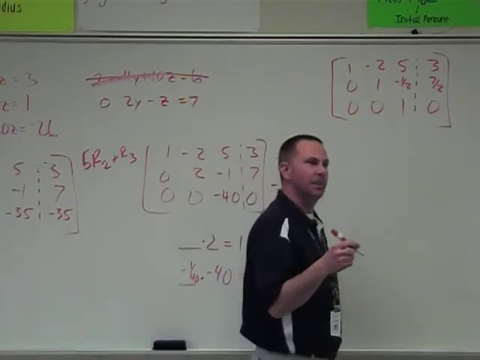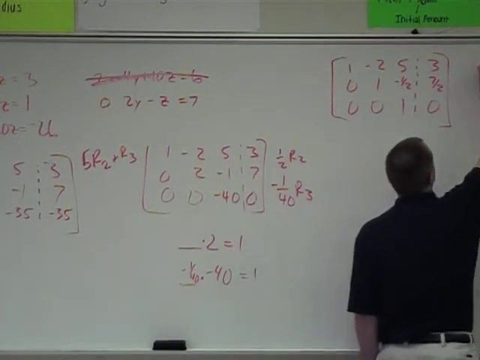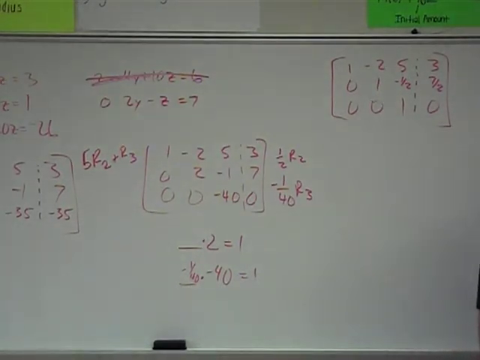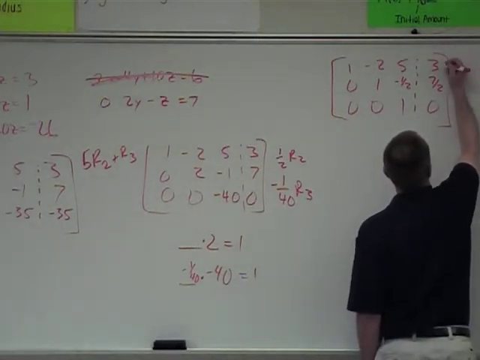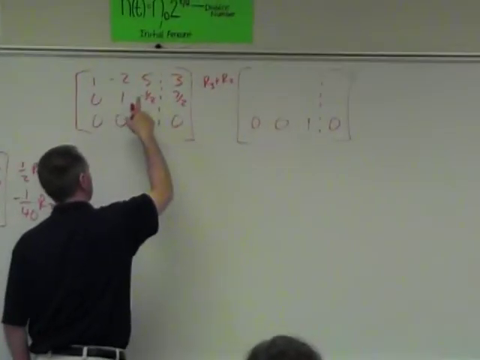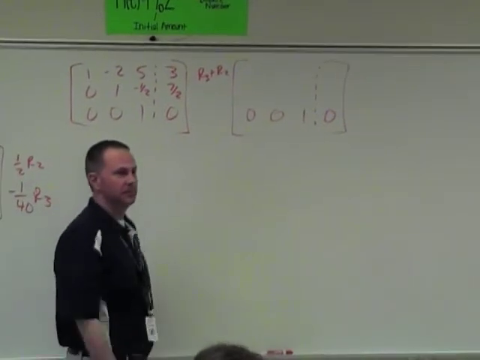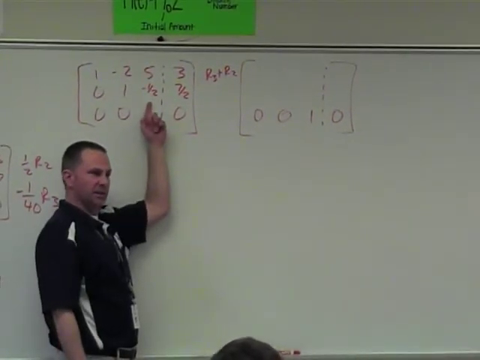Okay. Now let's go backwards. What am I going to do to row 3 to add to row 2 to make that 0? 1/2 times 1 is 1/2, plus that will be 0.